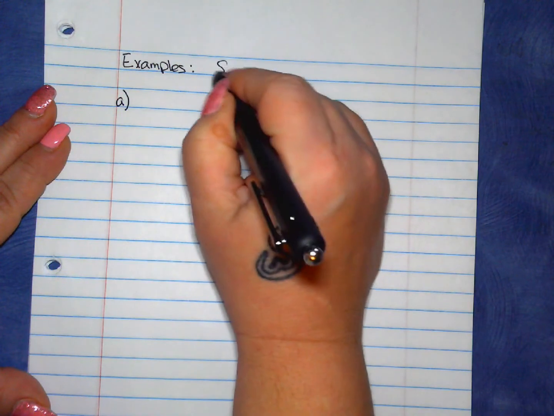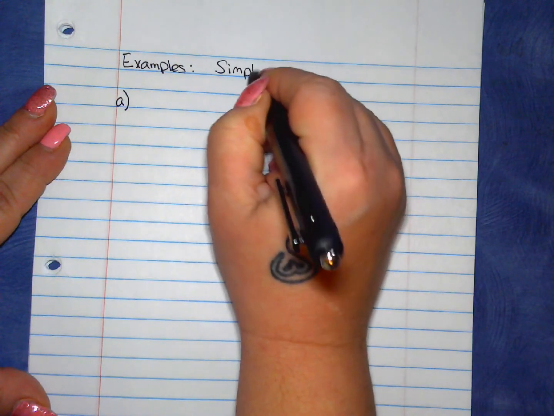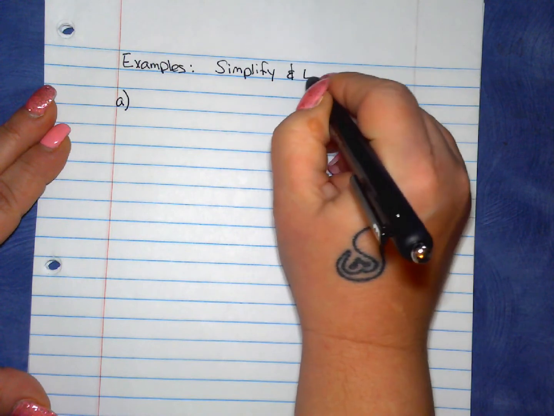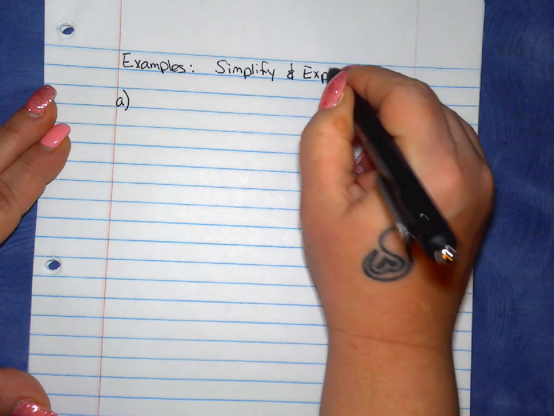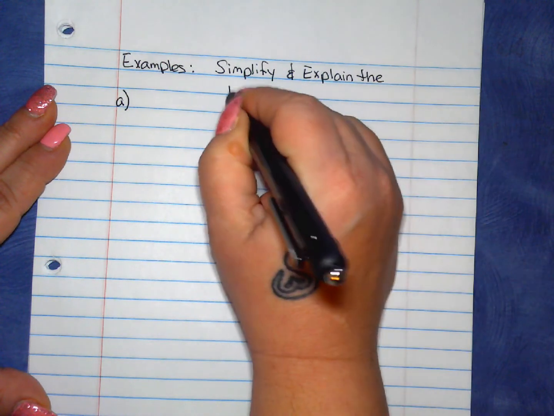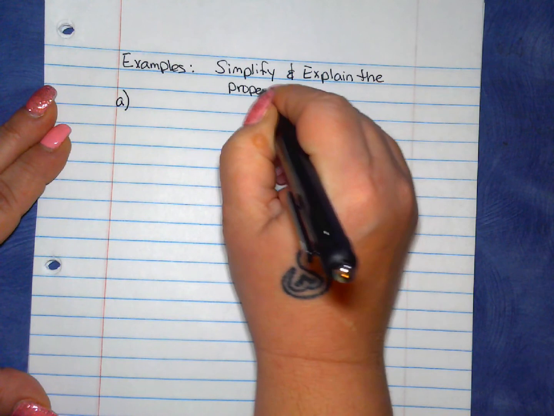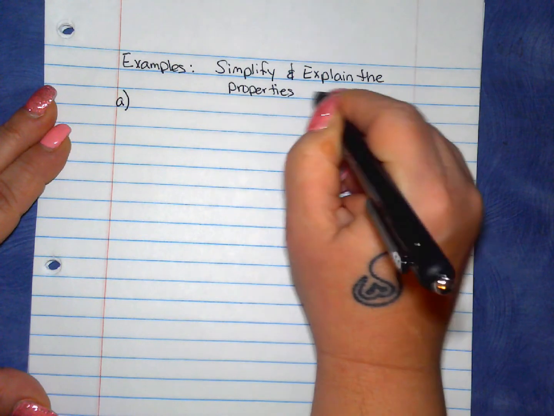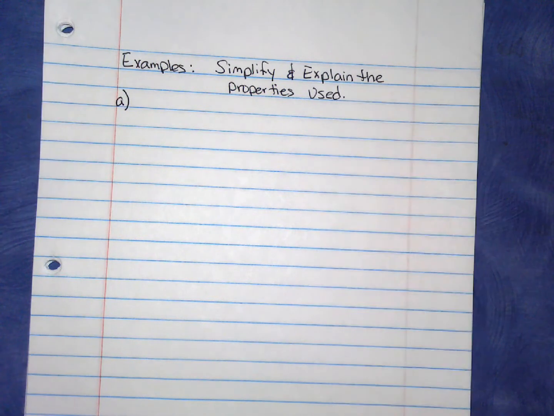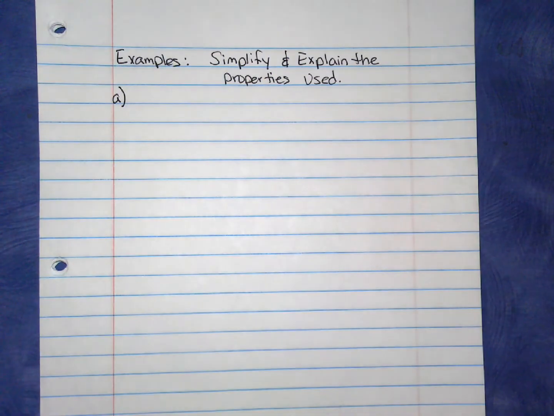We're going to simplify the expression and explain the properties. And it's really important that you're able to identify which property you're using, okay?